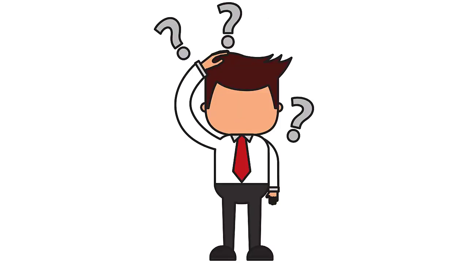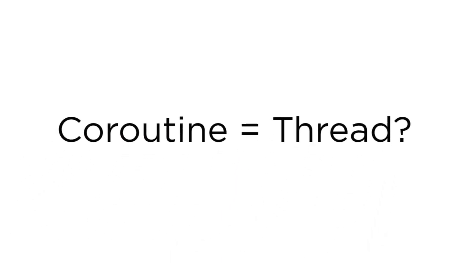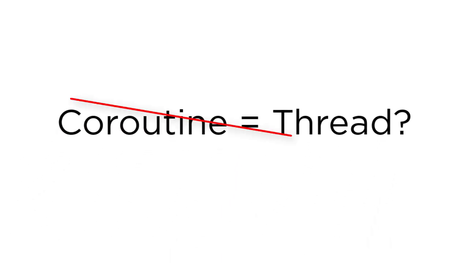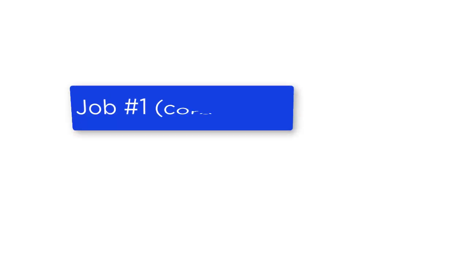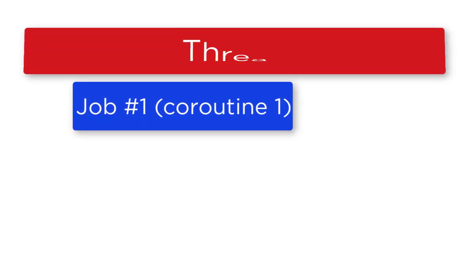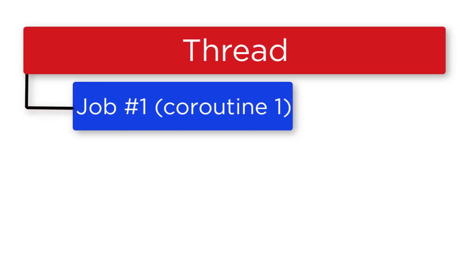Actually, before I carry on, because I've used a couple of kind of confusing statements in the last minute, I need to clear this up before we move forward. You might be a little confused about what I just said there. I kind of used the words coroutine and thread interchangeably, but actually coroutines are not threads. They're like threads, but they are not threads. I think the best way to think of it is to think of a coroutine as a job that needs to be done and the thread as the place where the jobs get done.